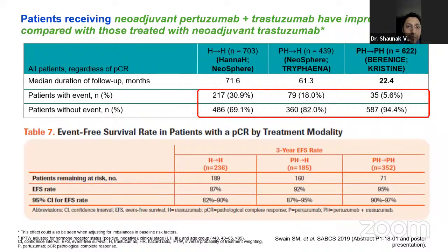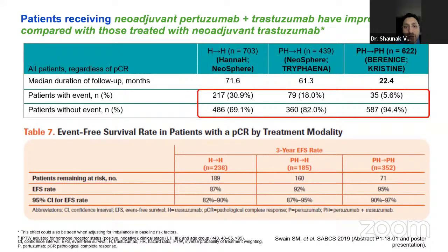So this was a trial where we analyzed the effect of trastuzumab in the neoadjuvant setting, followed by trastuzumab in the adjuvant setting. That was the HannaH and the NeoSphere part of the study, where 30.9% of patients had an event. This was regardless of pCR.